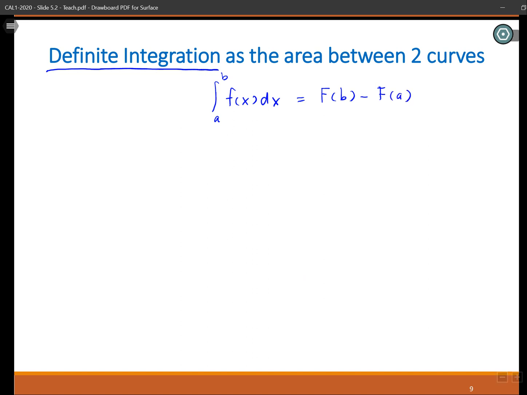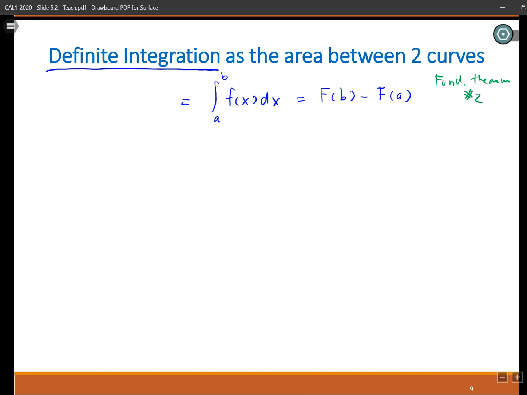This is from the fundamental theorem number 2. All right, and we didn't learn just this. We also learned about the physical meaning of definite integration. We also know that this definite integration corresponds to the area under the graph f(x) from starting point a to the end point b.